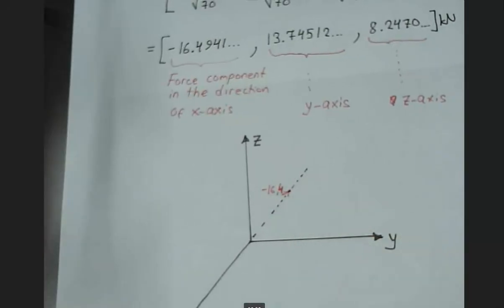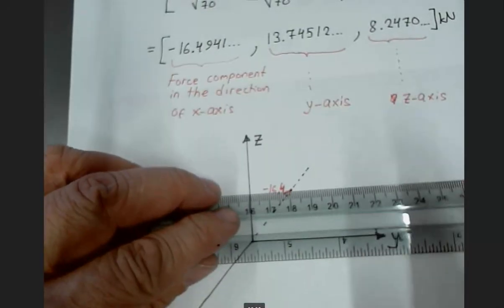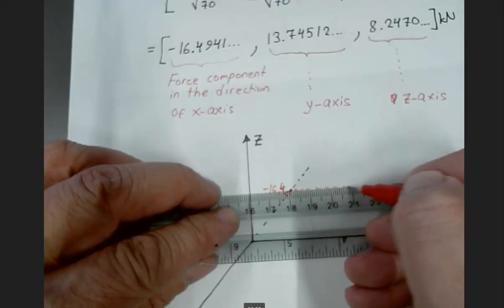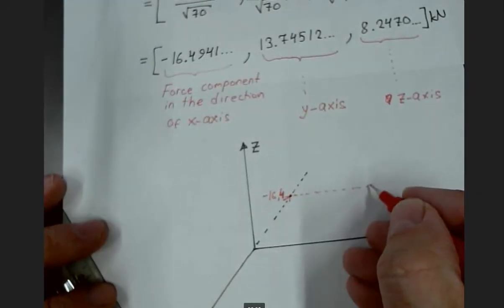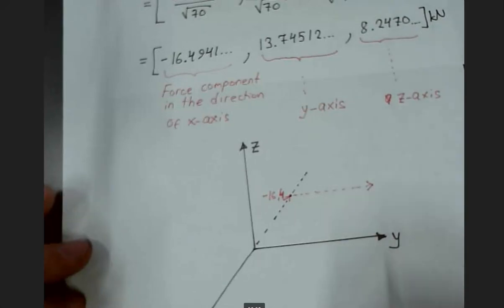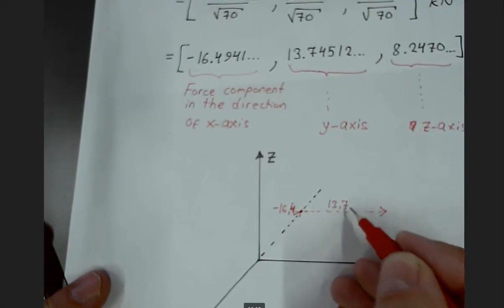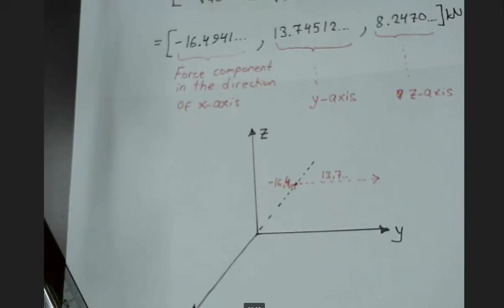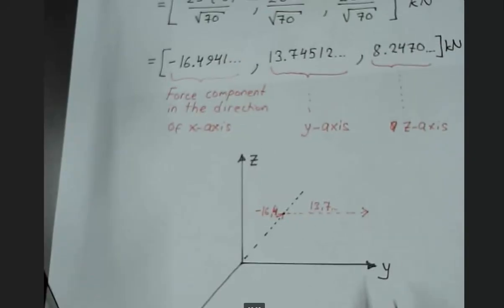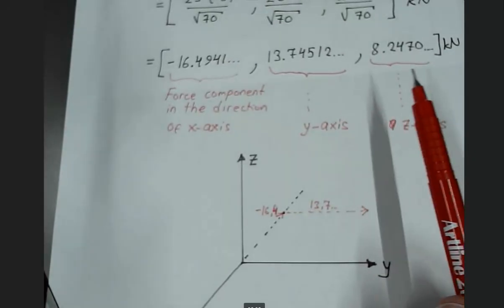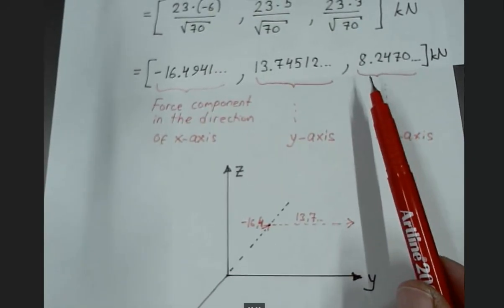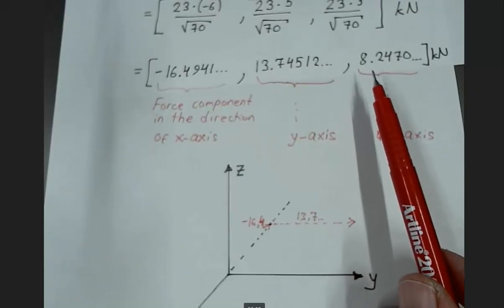Then I will go in the direction of the y-axis. This is 13.7, the length of that vector. And then we have the third component, the z component, which has the value 8.